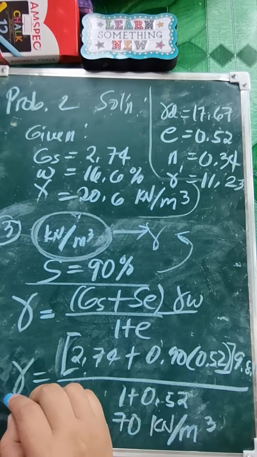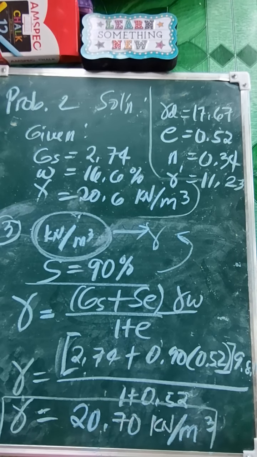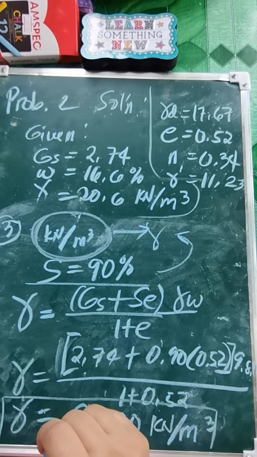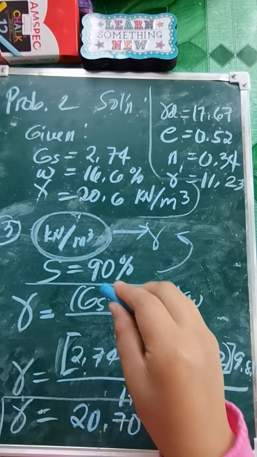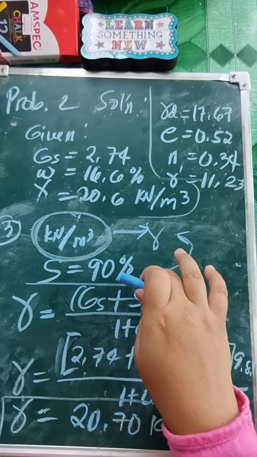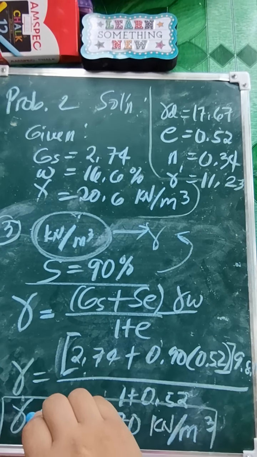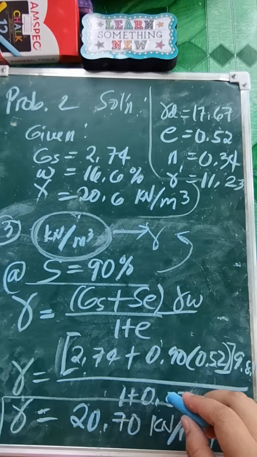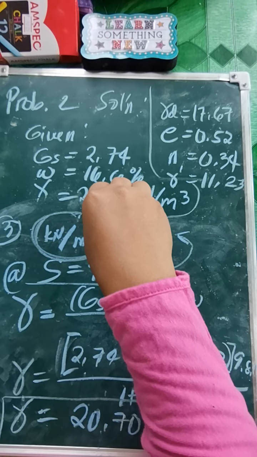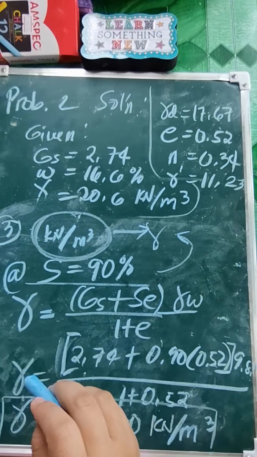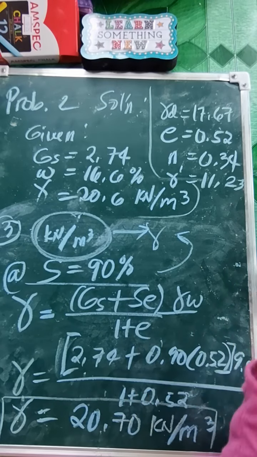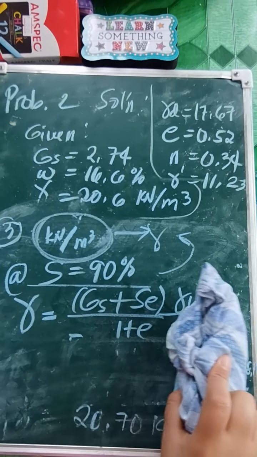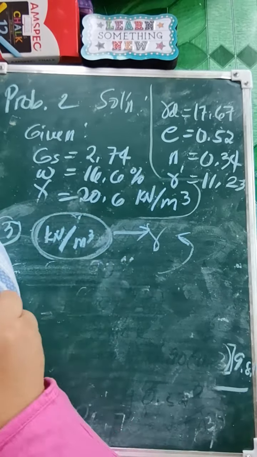Okay, so this value, take note, this is not yet the answer. The question is weight of water. So we are only pertaining to the water that is added when the degree of saturation is at 90%. So therefore, this is the moist unit weight at 90%. And let's go back to the given. We have the moist unit weight that is 20.6. So to get to the answer to what is asked in the problem, we're going to solve the difference between the two moist unit weights.